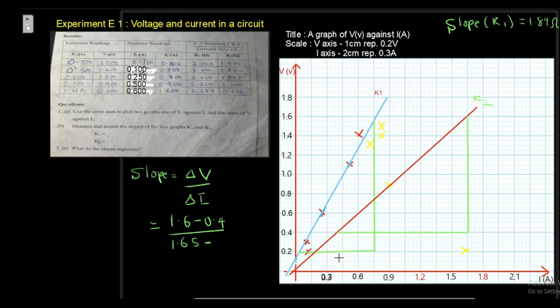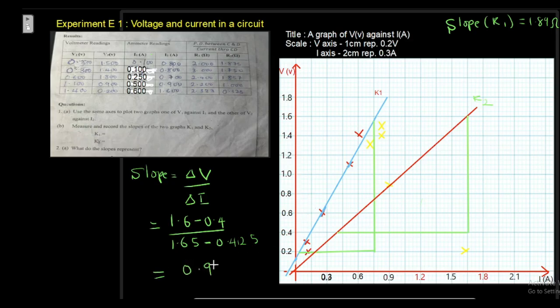That's the value of this point here. Now by the time we subtract and then divide, we have 1.6 minus 0.4, all divided by 1.65 minus 0.4125. That will give us approximately 0.97.